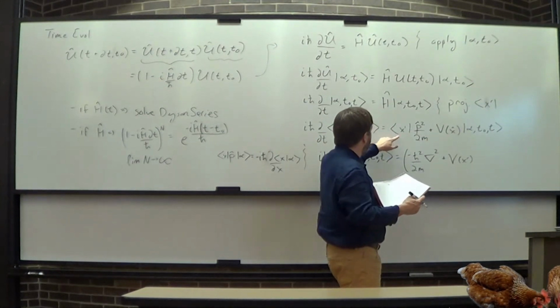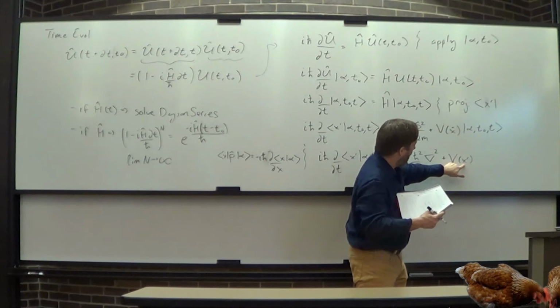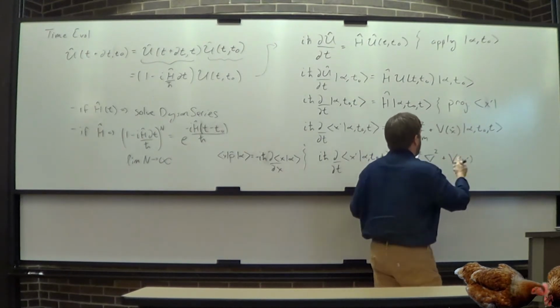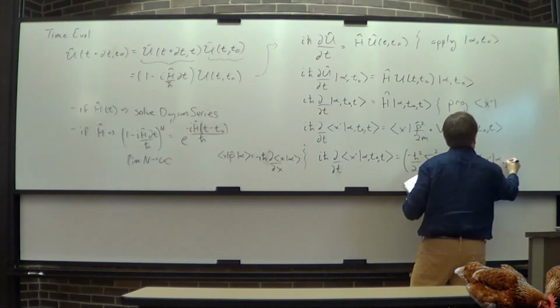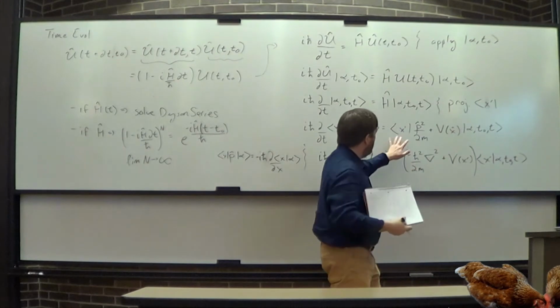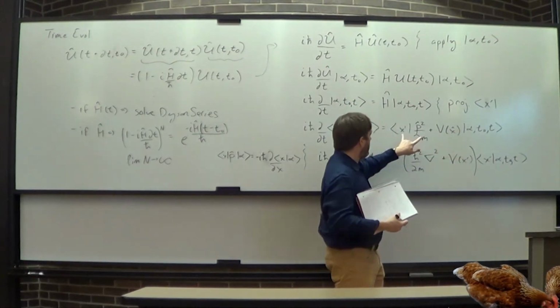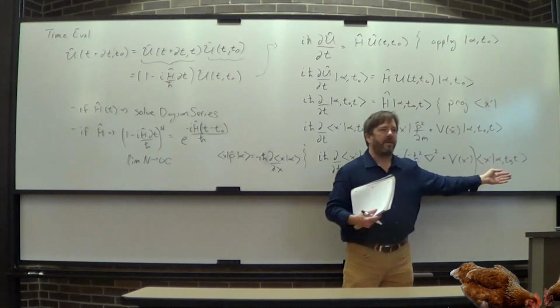So what that means is that x inserts a value, and then it can jump past it to give me this. So my point here, my very long-winded point, is that you often see people do stuff like this. You go from here to here, and all the operators are on the left, and then you've got a wave function on the right.